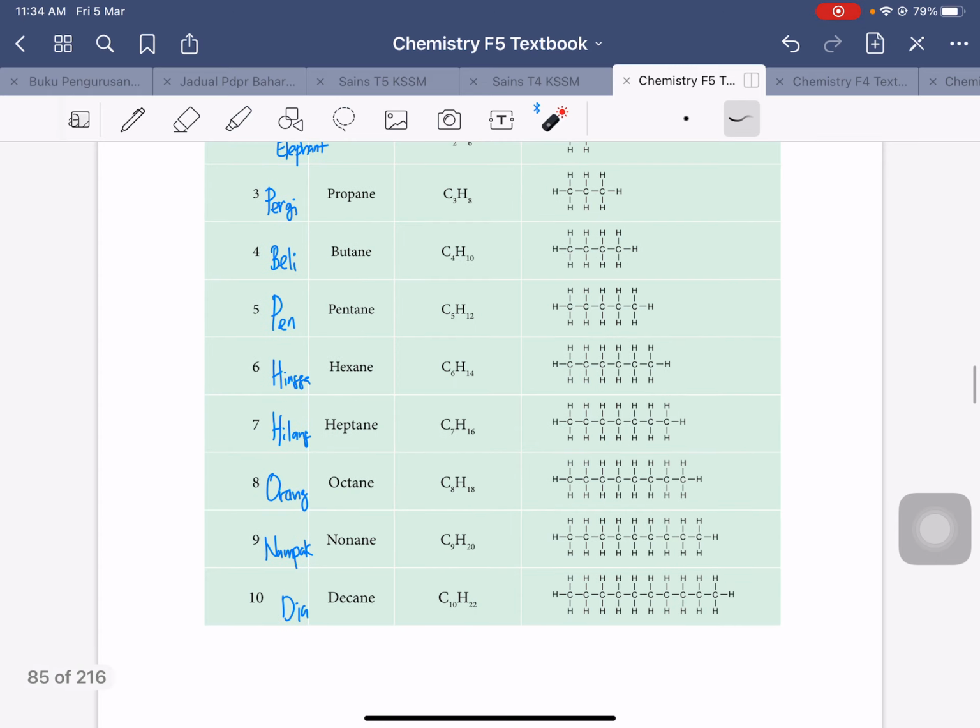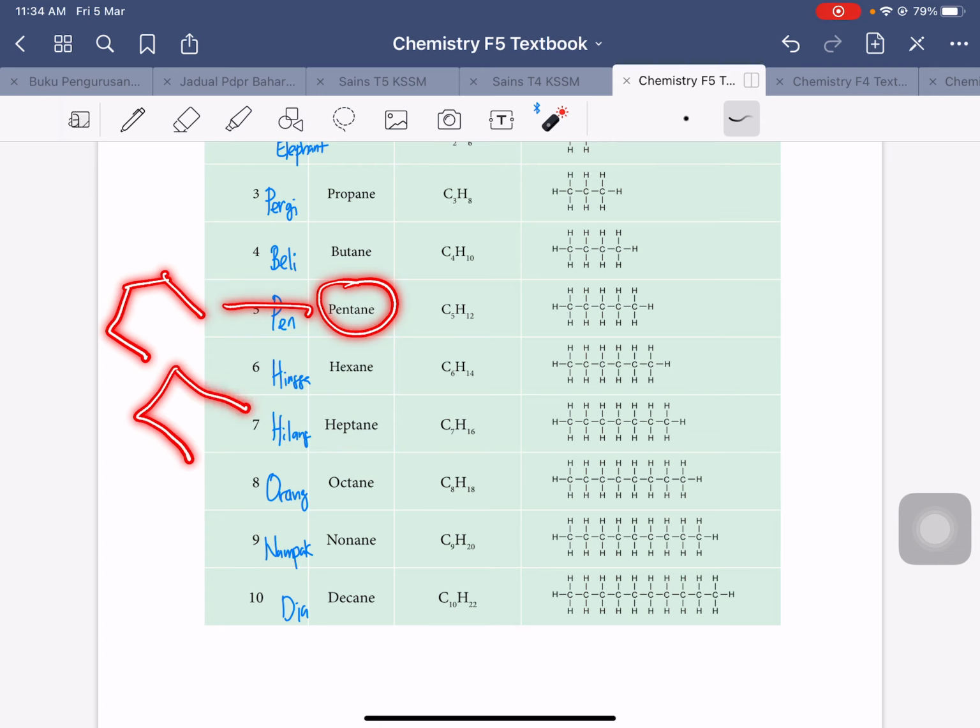And then, okay, actually from pen until the next following ones, you can use the polygon. Okay, pentagon, hexagon, heptagon. So if you know that pentagon tu kan ada 5 sisi.